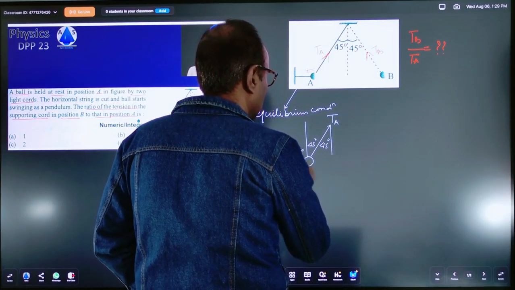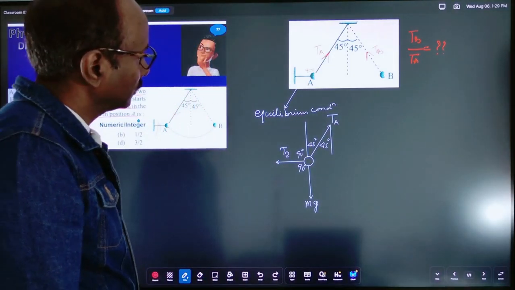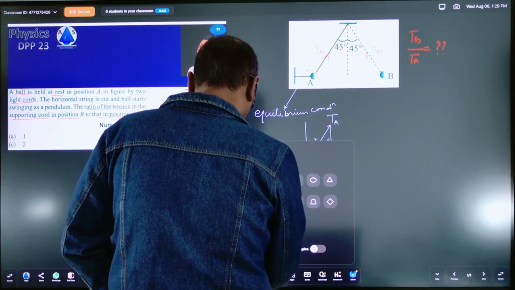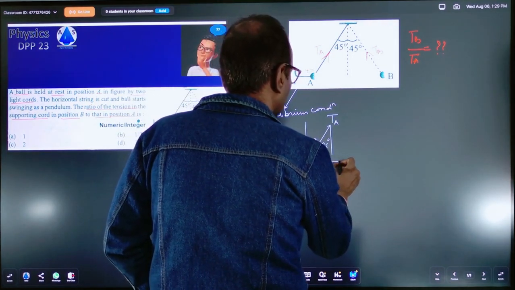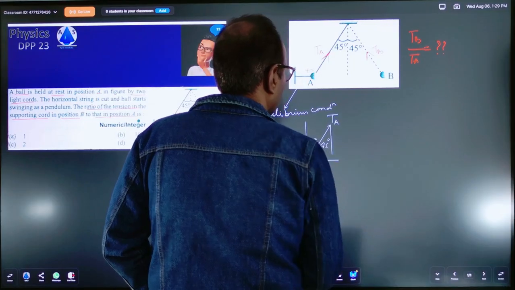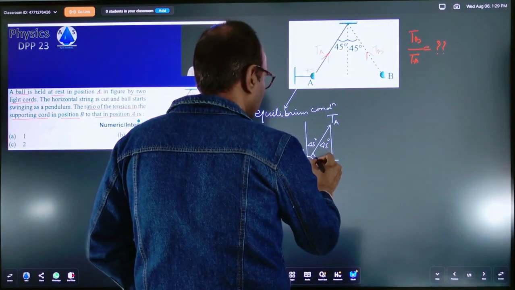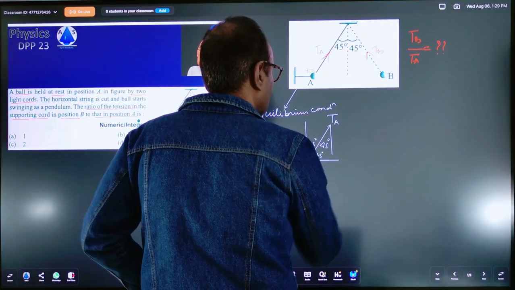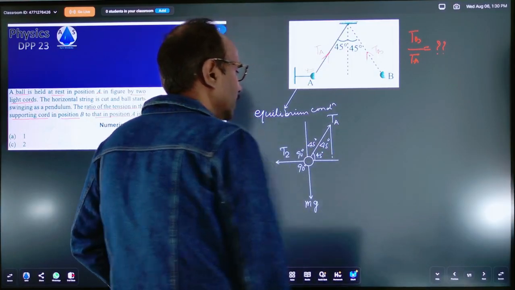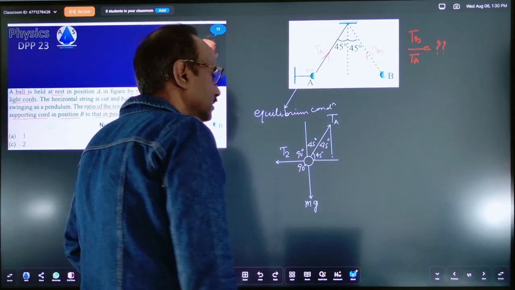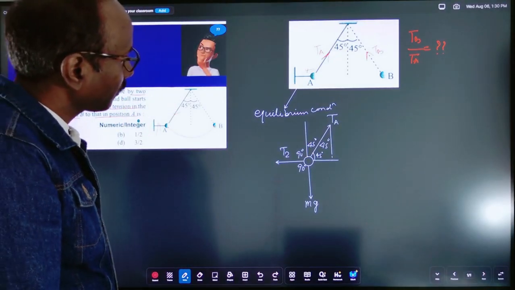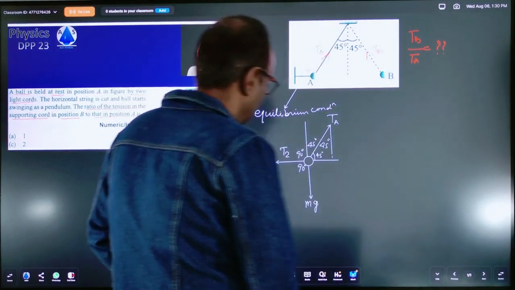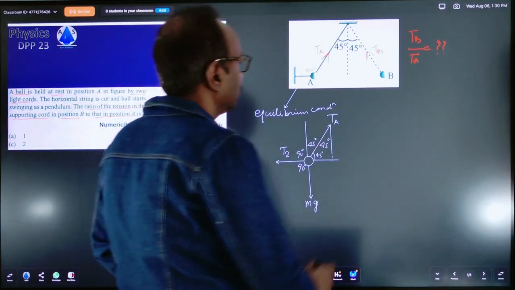This is 90 degree. This angle will also be 45 degree because this is going to be perpendicular on it. So 45, 45, 90, 180 degree of the triangle. So you can apply Lami's theorem.